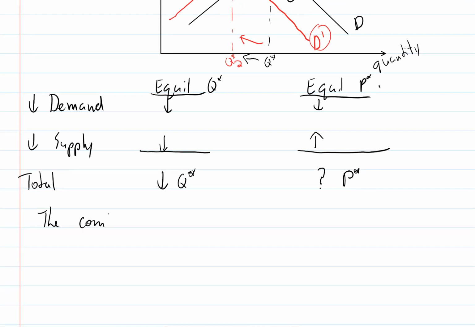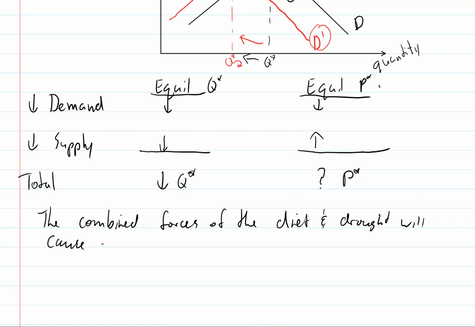The combined forces of the diet and drought will cause equilibrium quantity to go down.